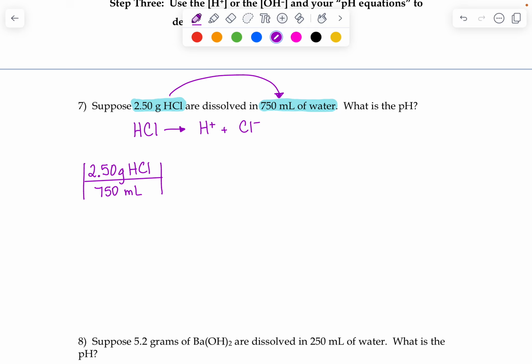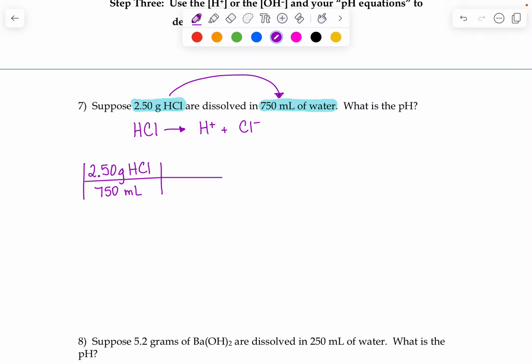So right now I have a density, grams per milliliter, and in order to use my pH equations, I need to switch that into a molarity instead. So I need my grams to turn into moles and my milliliters to turn into liters. It doesn't matter which step you do first, just as long as you do both steps.